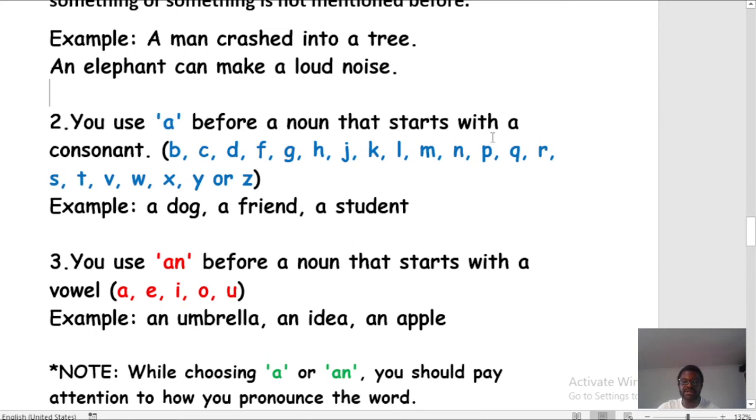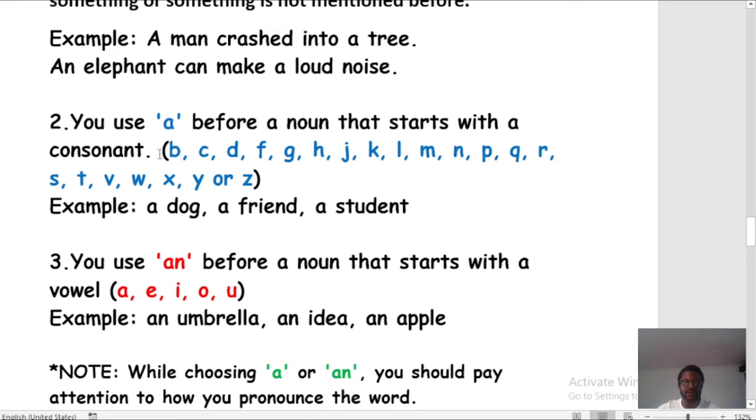Okay, the second way you can use the article is when, especially the a, we use a before a noun that starts with a consonant. You know your consonants good enough. Today I've got all the consonants written out for you so that you don't get confused, or you understand exactly what I mean when I say consonant. You've got 26 alphabets. Out of the 26 alphabets, we've got our vowels, which are A, E, I, O, U. And aside from these vowels, the rest are called consonants.